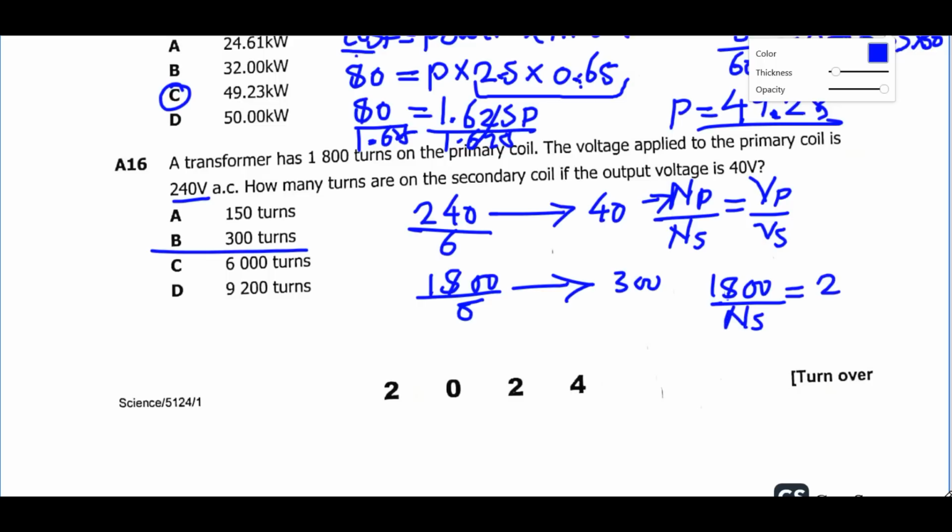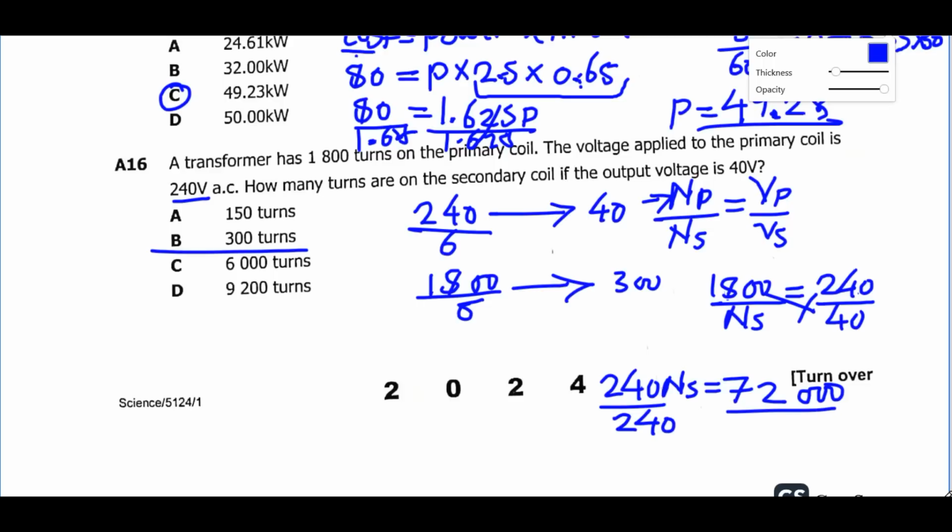Voltage on the primary is 240, over secondary is 40. 240 times Ns is 240 Ns. Then 1800 times 40 gives 72,000, over 240. I'm still getting the same answer. So if you can just find the ratio, you can find the answer.